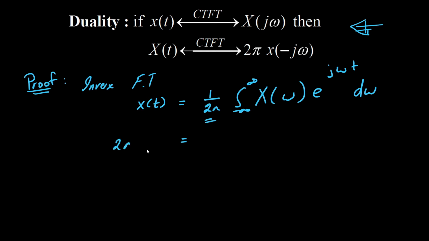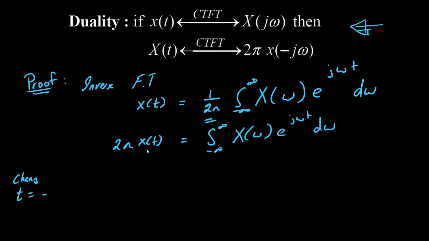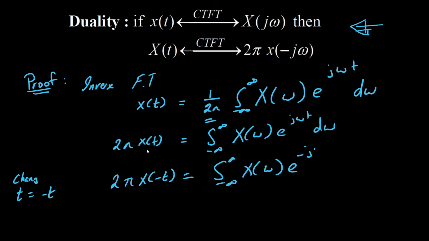So we have 2 pi x of t, and on the right side we have the same function. Next, let us change this t to minus t. So on the left side we have 2 pi x of minus t, and similarly on the right side we have x of omega e to the power minus j omega t d omega.